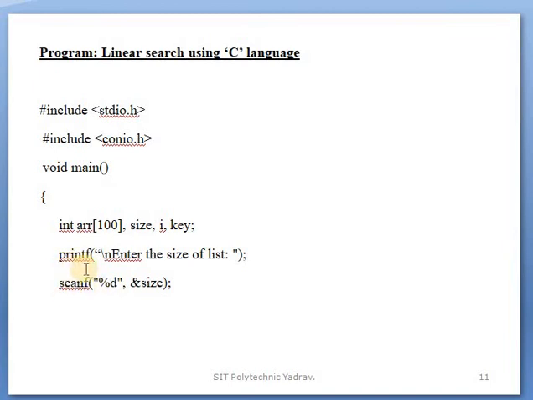Printf is the output function, and scanf is the input function. Percent is the data specifier. Why percent d? Because size is an integer, so we take the percent d data specifier. Why do we use the address operator? Because the address of the size variable is where the element gets stored, so we use the address operator there.